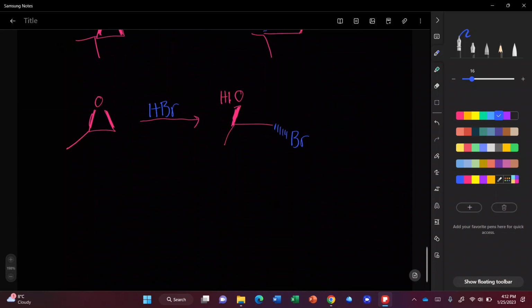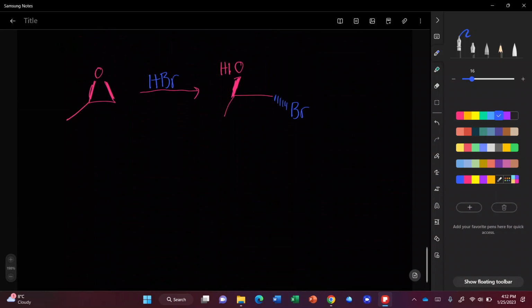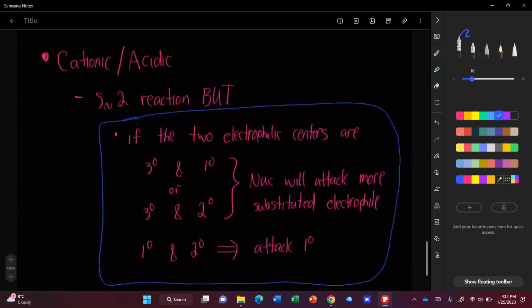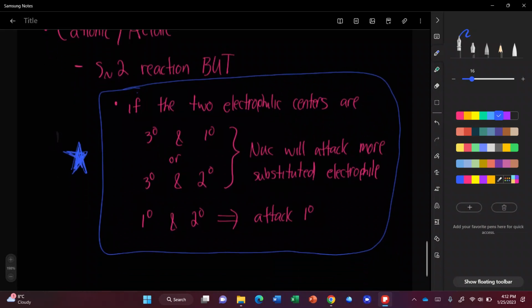So again, epoxides, the mechanism I think is pretty simple and straightforward. The main thing that you have to get good at is understanding the regiochemistry, right? It's understanding where the nucleophile is going to attack, okay? Regardless, it's always going to be an SN2, meaning whenever the nucleophile attacks, you always have to switch the stereochemistry, so wedges become dashes, dashes become wedges, okay?